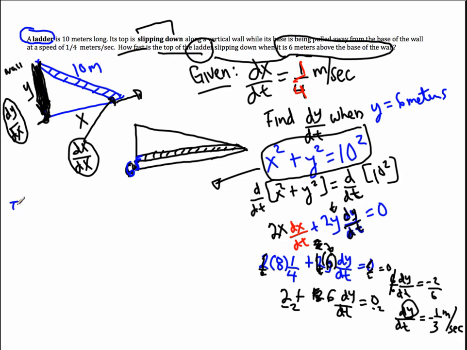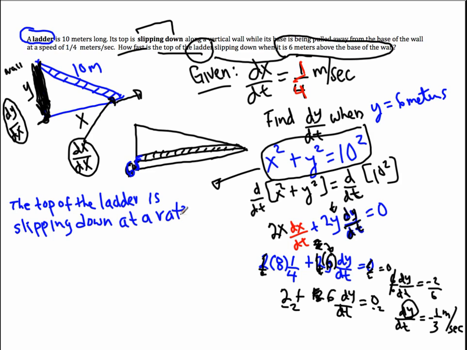So the top of the ladder is slipping down at a rate of, do I write negative? No. That negative is already taken care of with this particular statement, slipping down.